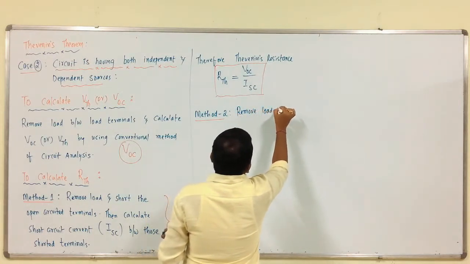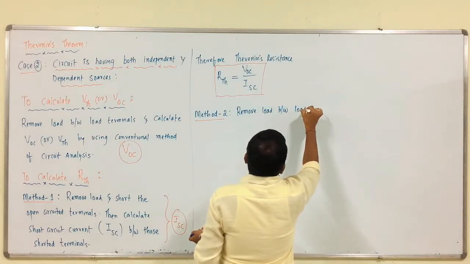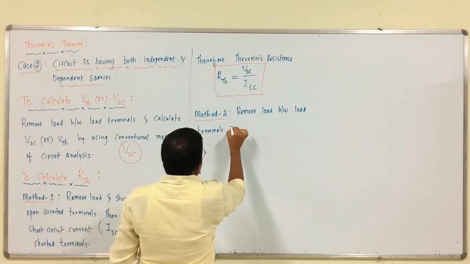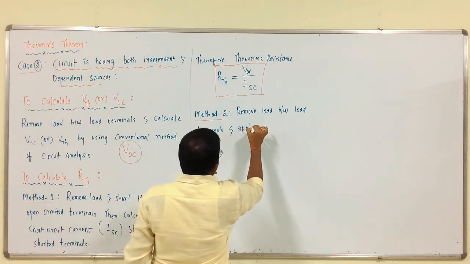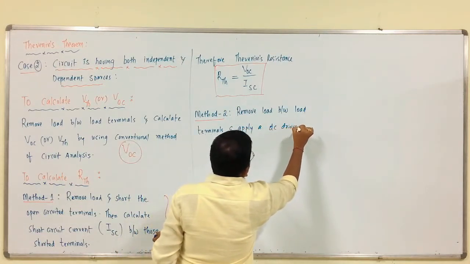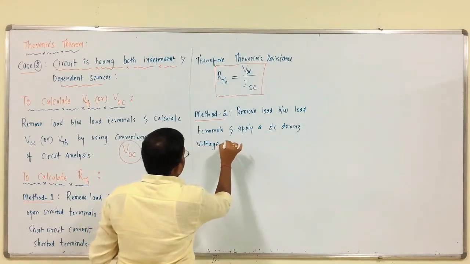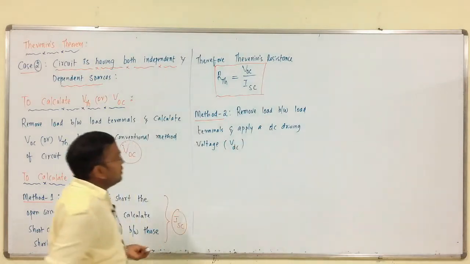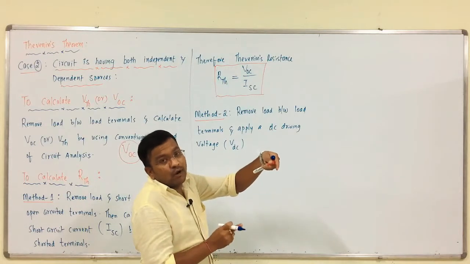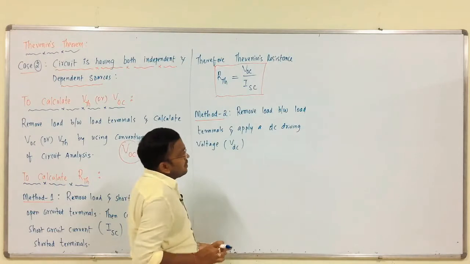So, in method 2, remove the load between load terminals and apply a DC driving voltage, that is VDC. We have to remove that load, and between those two open circuited terminals we have to provide a DC driving voltage, that is VDC.